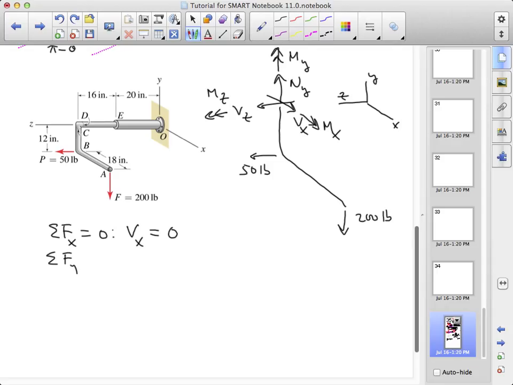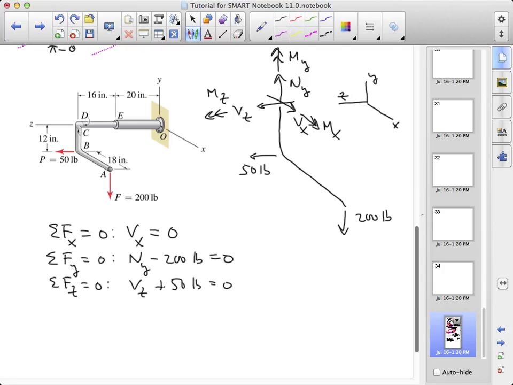In the y direction, we have Ny minus 200 pounds is 0, or Ny is equal to 200 pounds. And in the z direction, we have Vz plus 50 pounds is 0, or Vz is equal to minus 50 pounds.